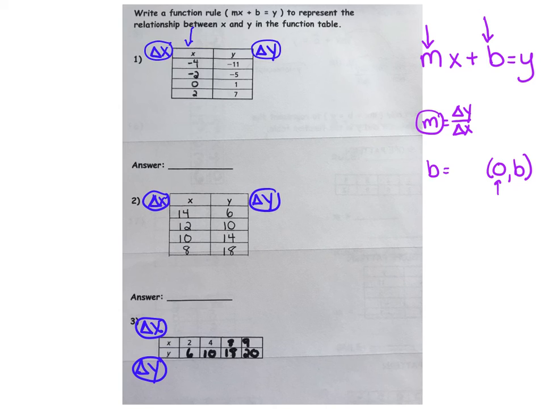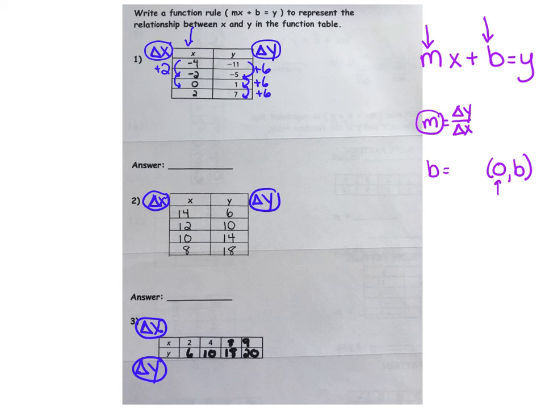For example, let's start with our first table. As we go from negative 11 to negative 5, we increase by 6. From negative 5 to positive 1, same thing. And from 1 to 7, it's a gain of 6. And as we move down this side, it's a gain of 2.